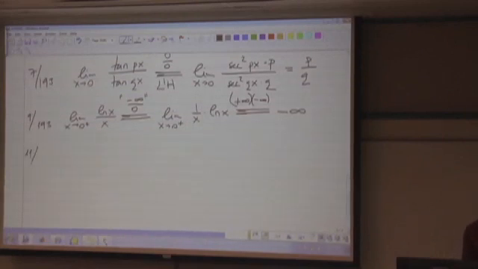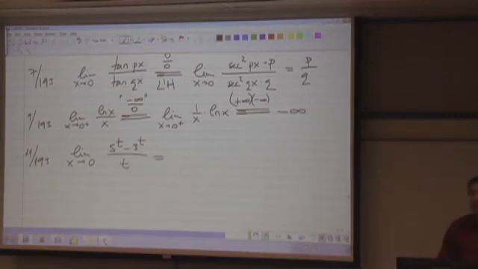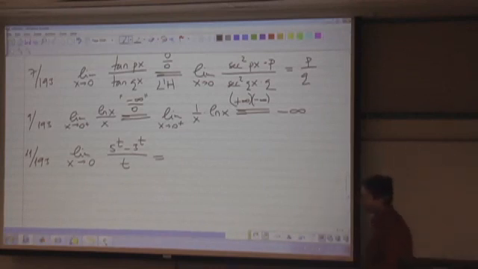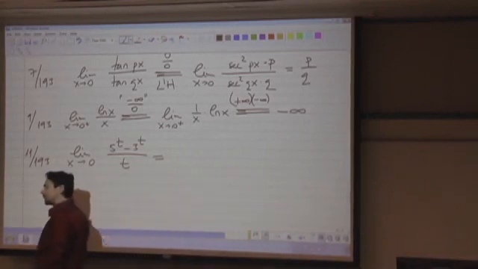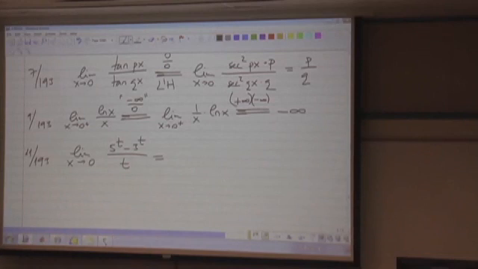How about 11? The limit as t goes to 0 of 5 to the t minus 3 to the t divided by t. Since you all look very excited to be here today, why don't you solve this and tell me what it is? First of all, what situation are we in? 0 over 0? It's 1 minus 1? Oh yeah, you're right. So since it's 0 over 0, what can we do?